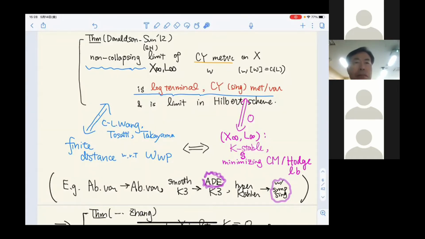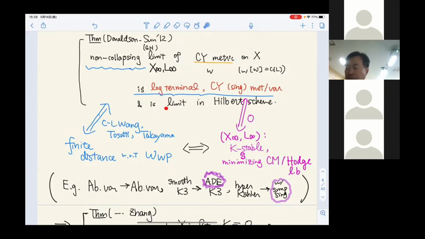But usually, the collapsed limit, the limit whose dimension is less, is not a variety. Yeah, not a variety. But this theorem says, as far as this is non-collapsing, then the limit of Calabi-Yau metrics should still be a variety.